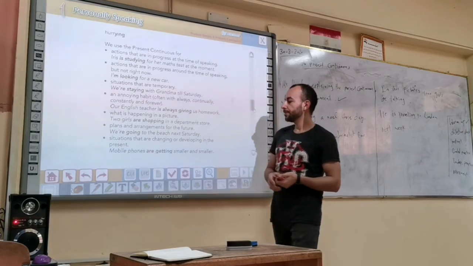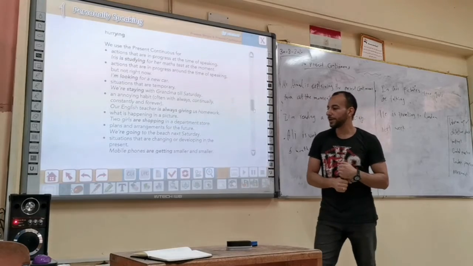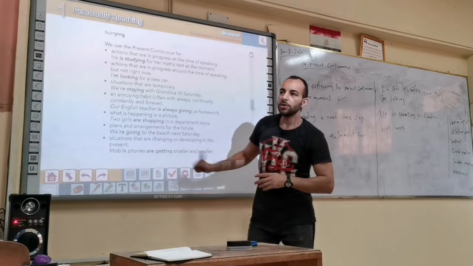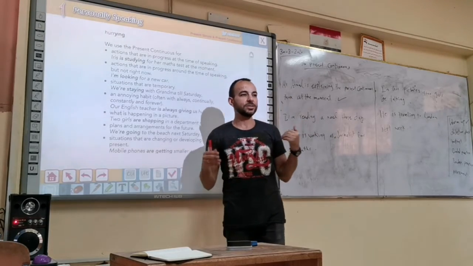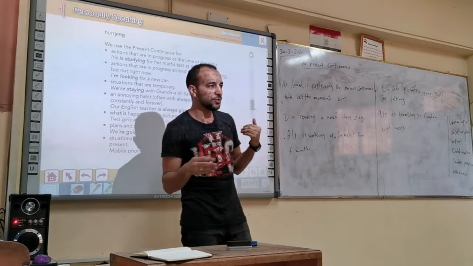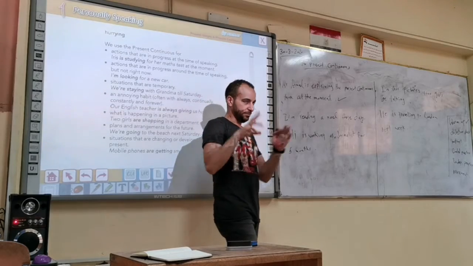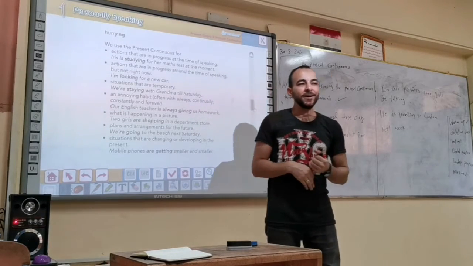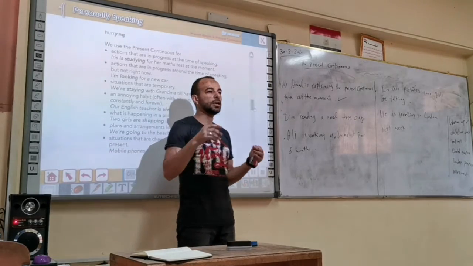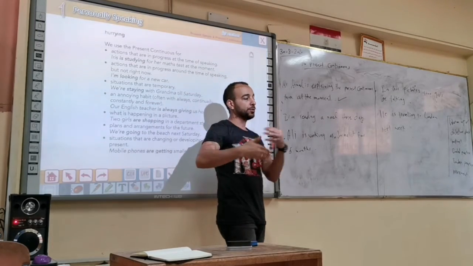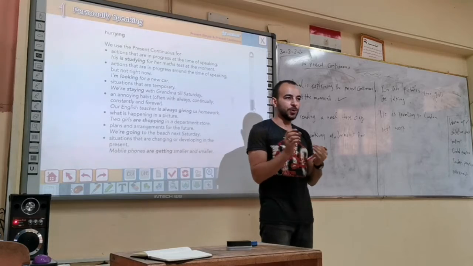The last point, mobile phones are getting smaller and smaller. In the past, when they invented mobile phones, they used to be big. And through time, they started to be small.